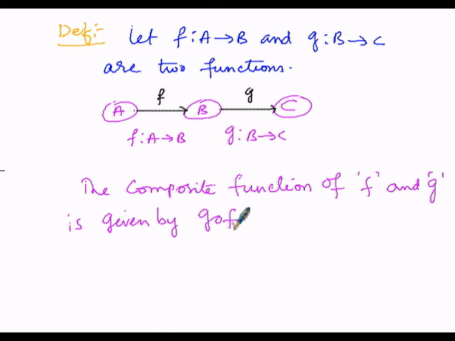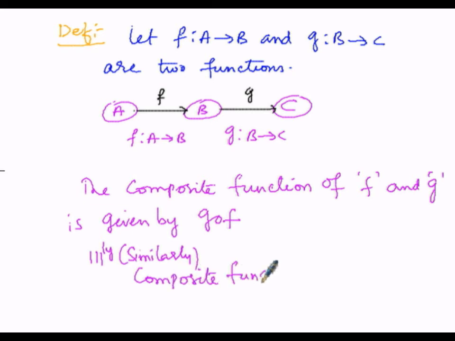In case you want to find the composite function of g and f, it will be given by f of g. Similarly, the composite function of g and f is given by f of g.